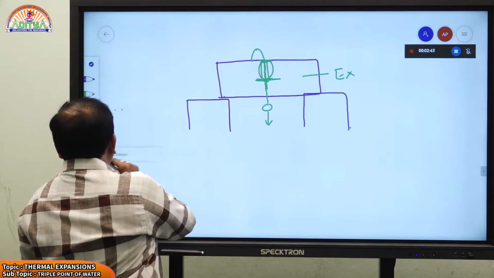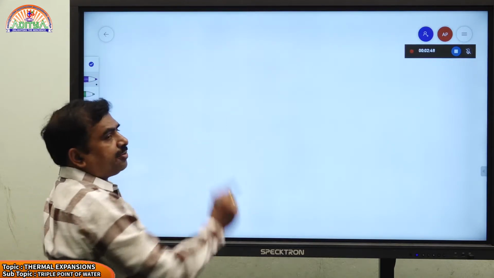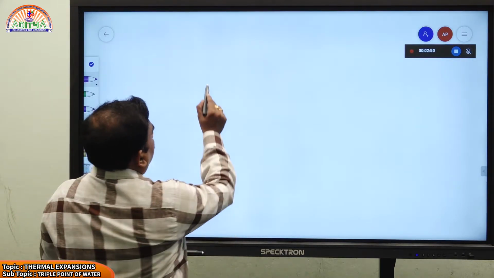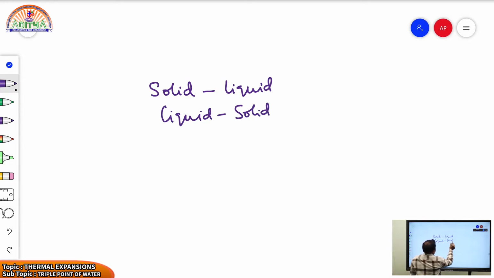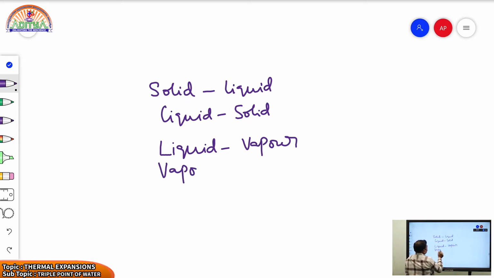Now, we will go to some of the important points of this one. Look, solid to liquid, and then liquid to solid, and again liquid to vapor, then vapor to liquid.